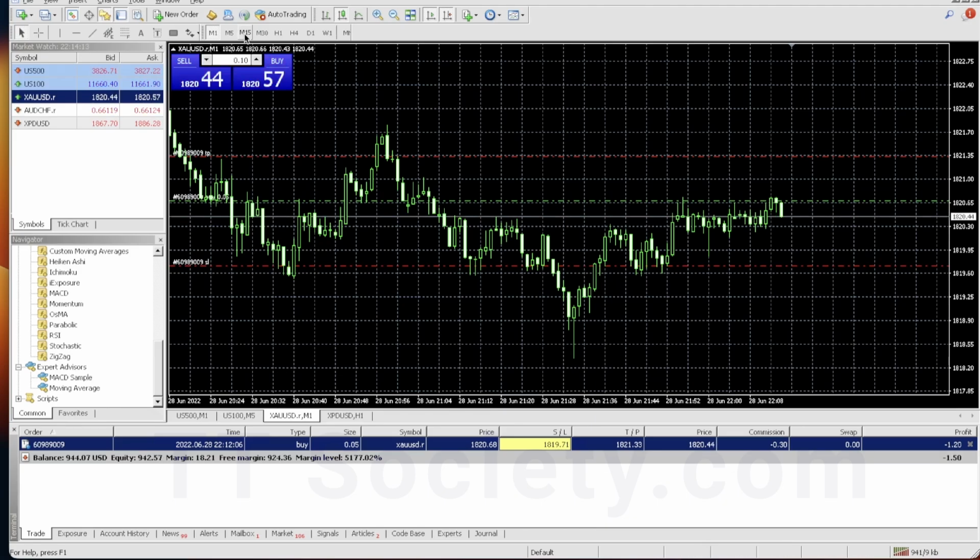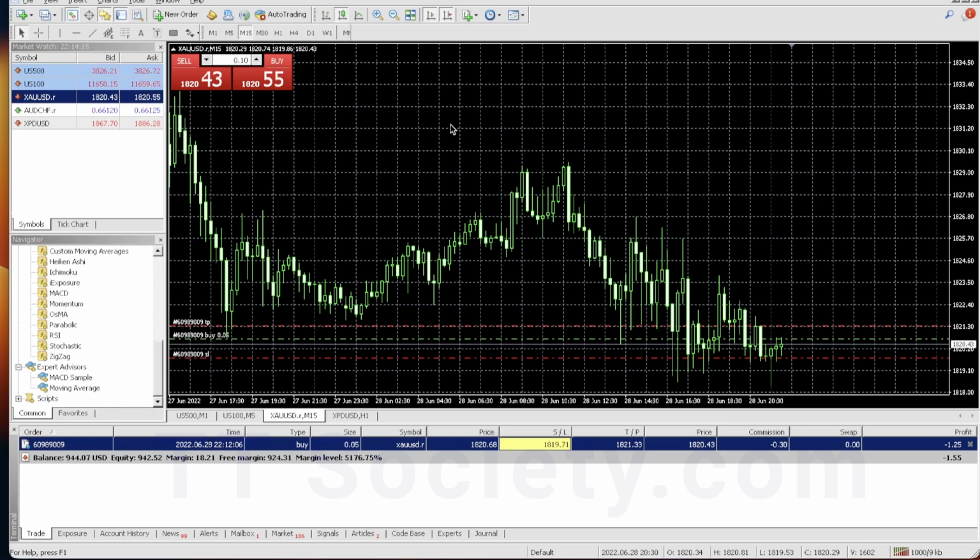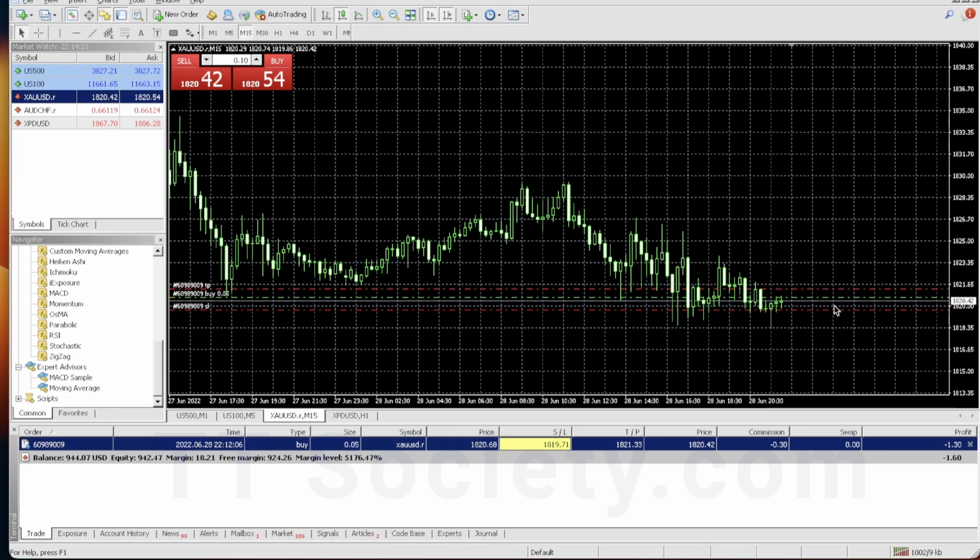If we're changing that to a 15-minute chart, the picture would be a little bit different. Let's look at the market here. Let's take our entry price and let's move it all the way down. Here it would be around 300 points. This is how much our position would trail.